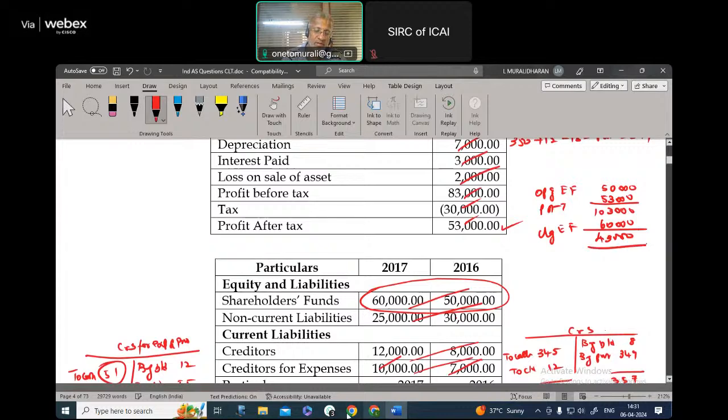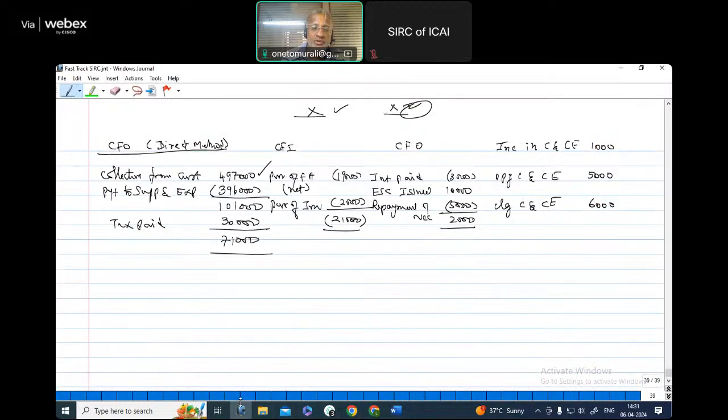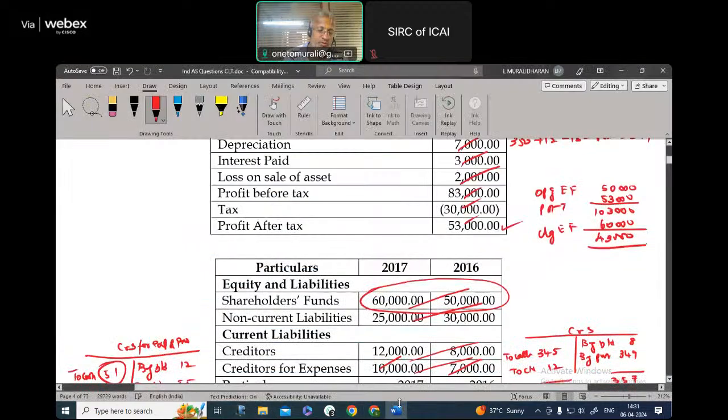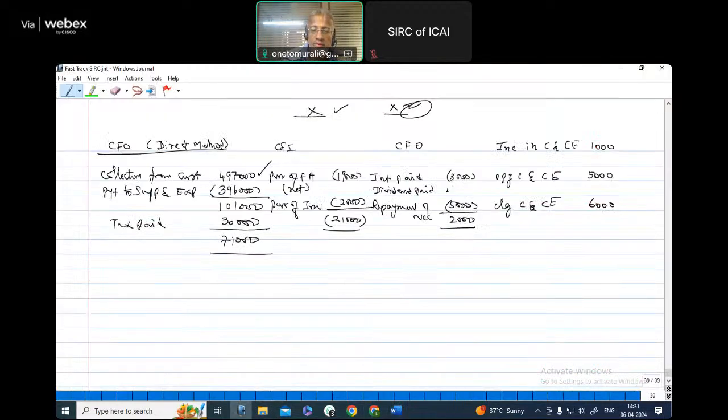So in fact, I took it up by mistake as issue of equity capital. Actually, it is dividend paid, to the extent of 43,000, which results in an outflow.